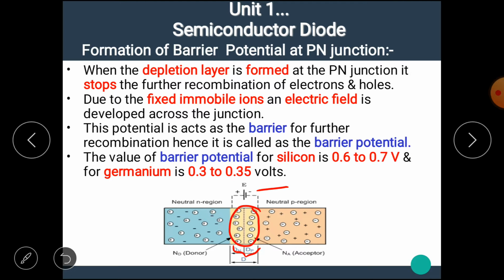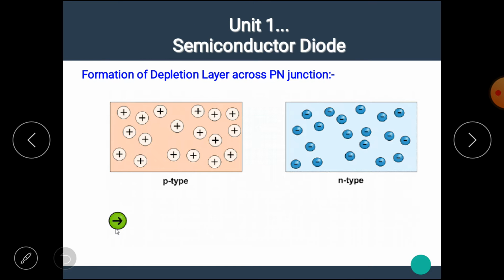Why is the name barrier used for this voltage? Because when this potential is developed, no further recombination takes place. That means no electrons or holes can cross this junction or this area. This area acts as a barrier for them. Hence no further recombination takes place after the formation of the depletion layer or the barrier potential. I hope you all understand the concept of depletion layer and the barrier potential.